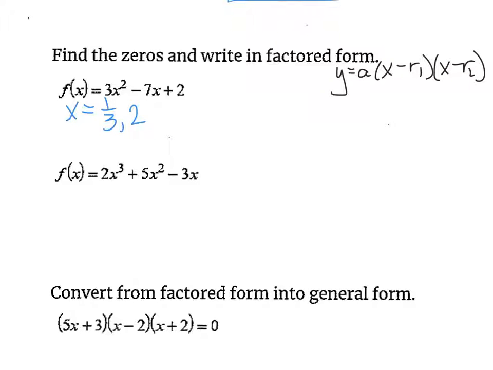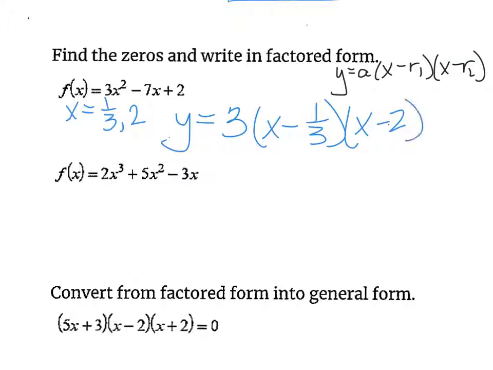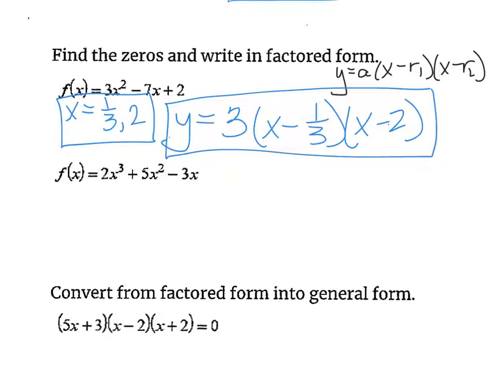That gives me the equation y equals a is 3 times x minus 1/3 times x minus 2. That's the factored form and the zeros. Here's my zeros. It said find the zeros and write it in factored form. There's my new equation. Why don't you give the second one a try?